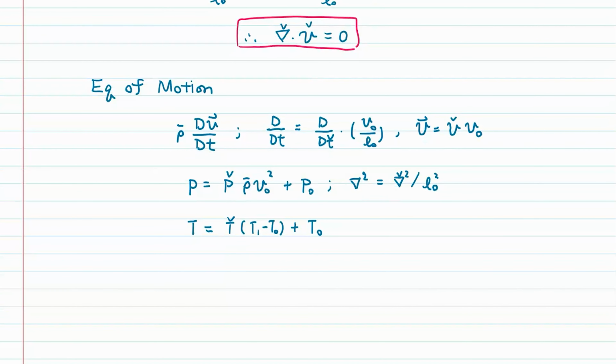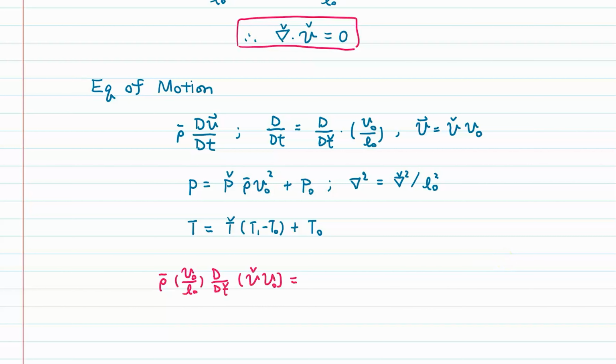So on the left-hand side, we now have rho bar times V naught over L naught times the dimensionless substantial derivative of the dimensionless velocity times V naught.